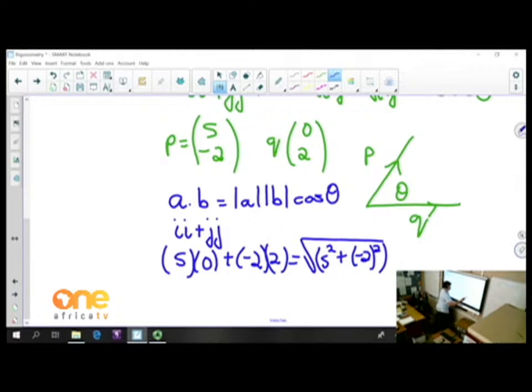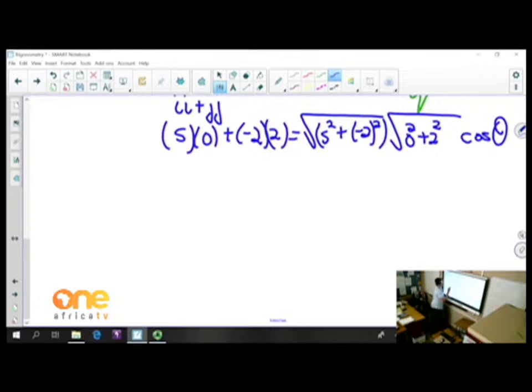And then here, this one is going to be the magnitude of 0 squared plus 2 squared cosine theta. This is what you want to calculate. So with algebra, we're going to find the values now and also bring this over so that you can get the angle cosine theta. So this is 0 minus 4, so it is negative 4.